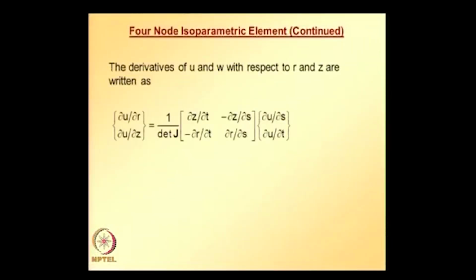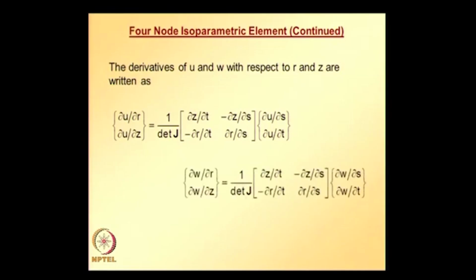This can be obtained using these relations, for which we need to know the determinant of J. So, using these two relations, the displacement component derivatives with respect to r and z can be replaced with derivatives with respect to s and t.